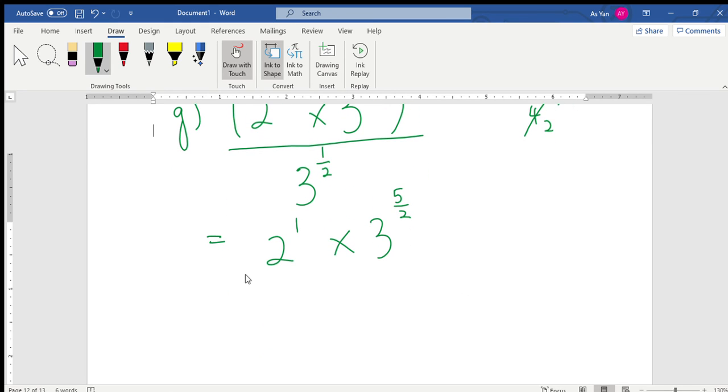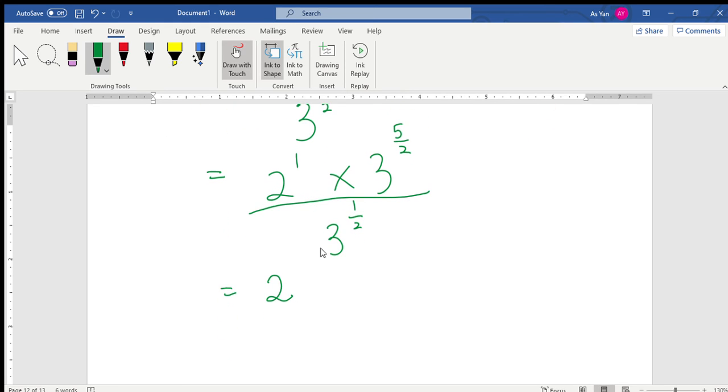Okay, divide by 3 to the power of 1 over 2. Now we can simplify. 2 to the power of 1, there is no other base of 2, so just leave the 2 there alone. Then times 3 to the power of 5 over 2.